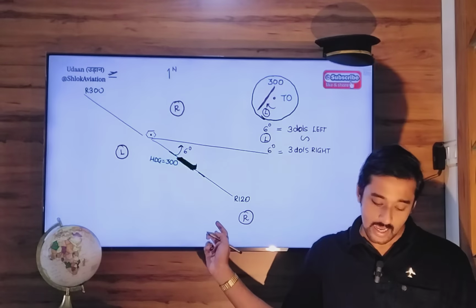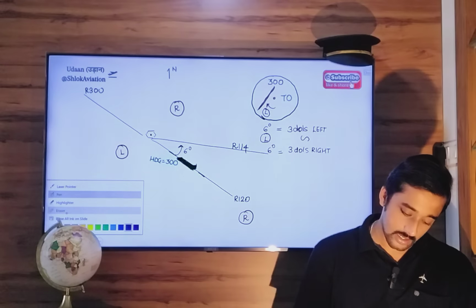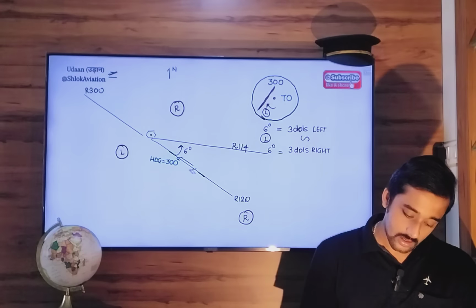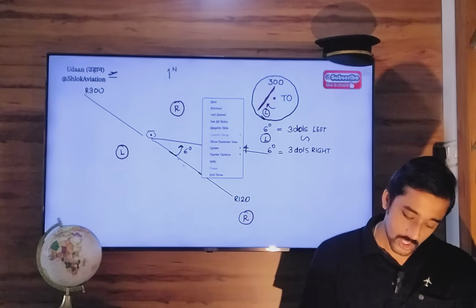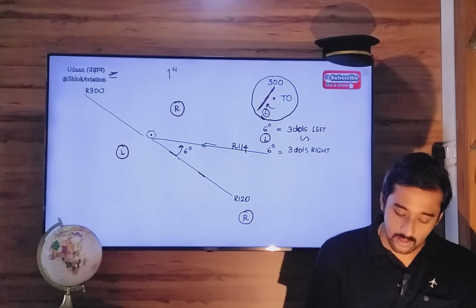So 120 minus 6 is radial 114. That means instead of being correctly established on radial 120 inbound, unfortunately your aircraft is on radial 114.